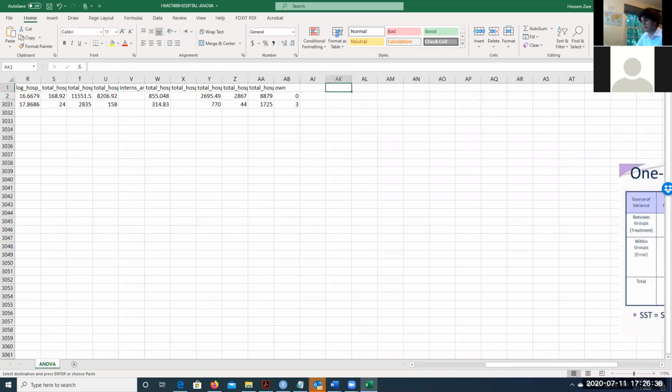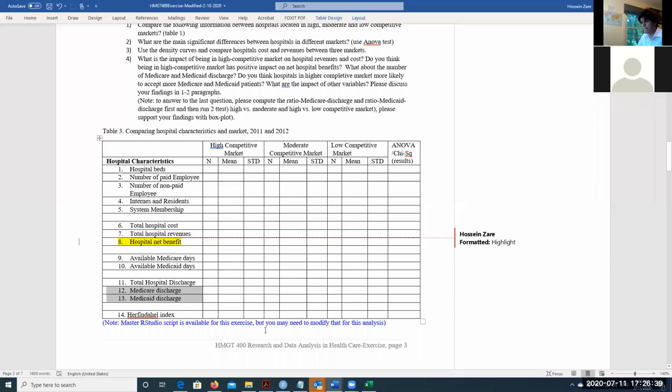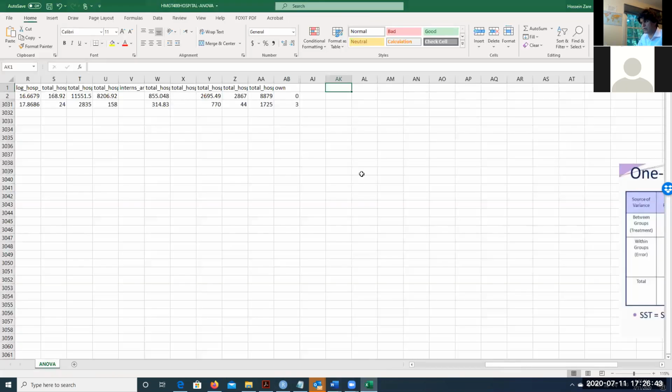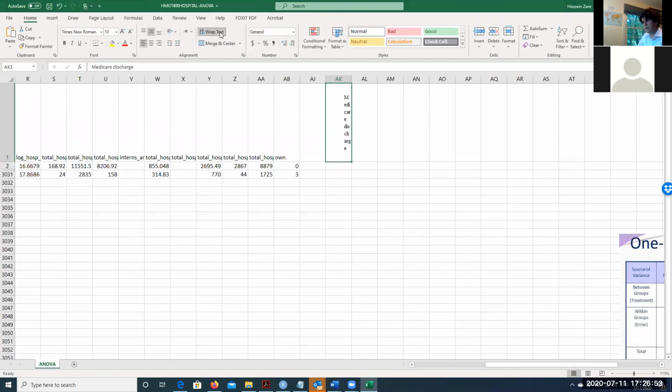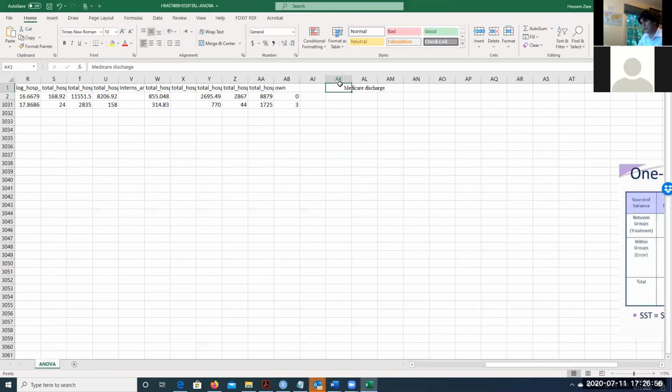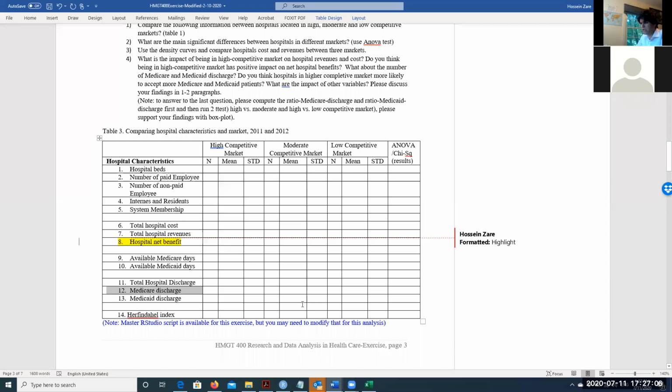To get the Medicare discharge variable, let's do this. The Medicare discharge should be, this is the Medicare discharge ratio, correct? The question asks for the Medicare discharge. The question never asked for the discharge ratio, so you don't need to compute this value.